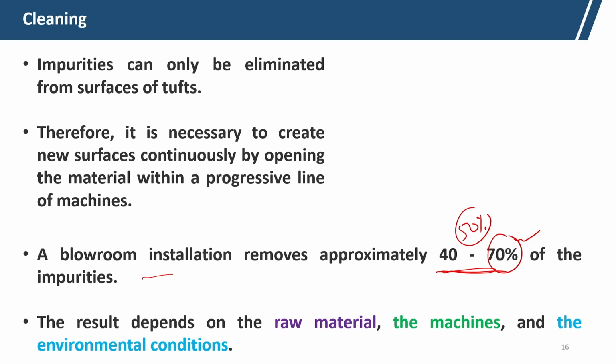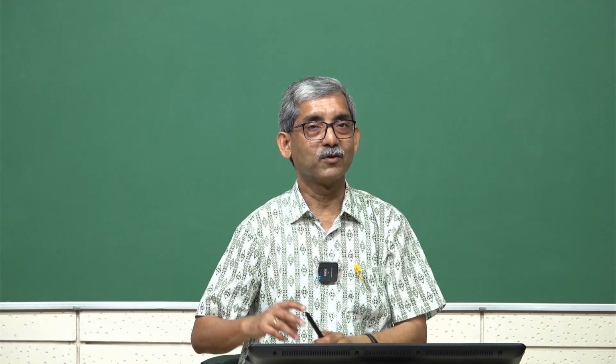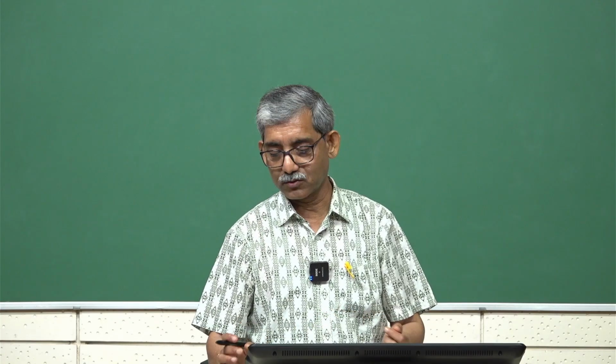And environmental condition means if the environment is dry, with low humidity, the trash can be removed easily, but if the humidity is high, it will be sticking within the structure.